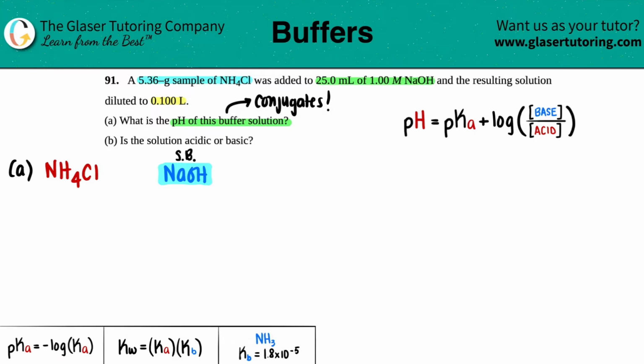Now, whenever you're reacting strong bases with any other, remember that bases can only react with acids, right? No two bases react with one another, and no two acids react with one another. So if this is a strong base, this has to be an acid, but we'll see exactly why that is.